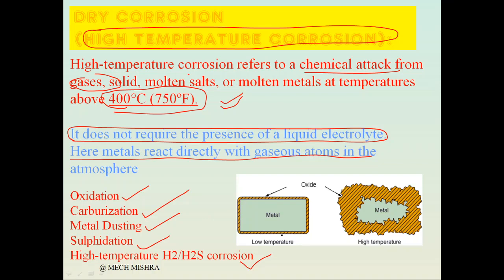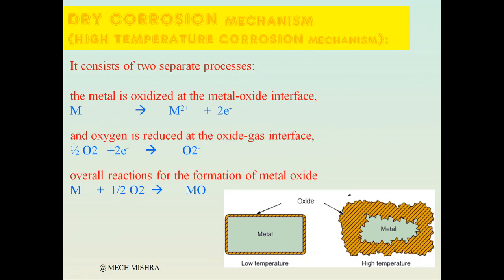In this diagram we have seen that at lower temperatures there will be a protective oxide layer, but at higher temperature that oxide layer will not remain protective, and it will get damaged and further degrade and lead to metal thinning.